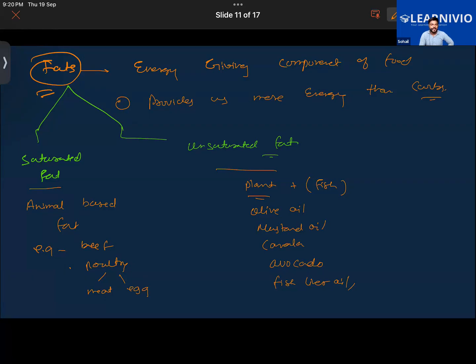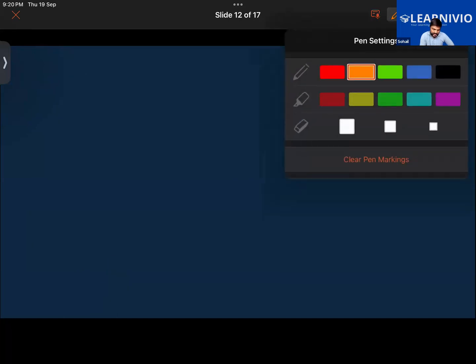Yes. Okay. Now, how do we test for the presence of fat in a given food? Talking about the test, you go on to explain this first, and then I'll be helping.